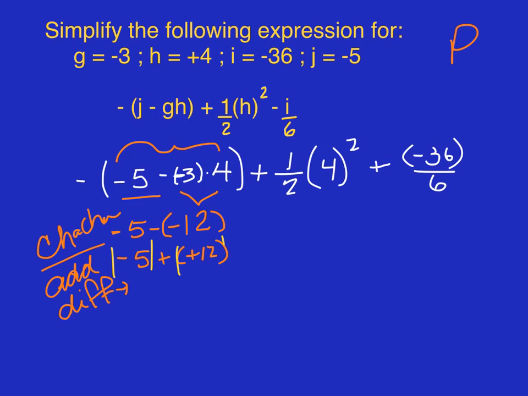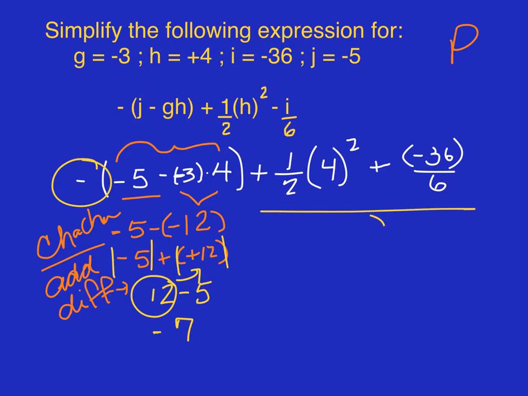I know the absolute value of -5 is 5. The absolute value of positive 12 is 12. So therefore, I'm going to do 12 minus 5, which is 7. And the larger absolute value is positive. So I take that positive 7, and I need to bring down the negative that goes with it. And now bring down the rest of my problem.